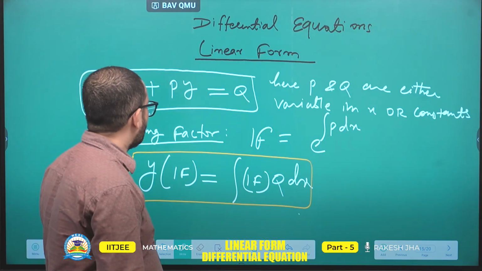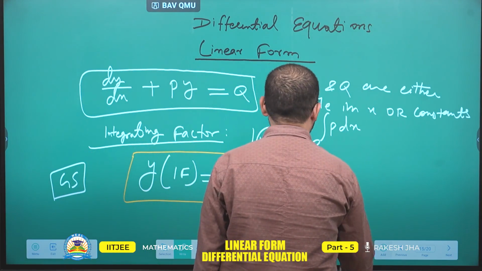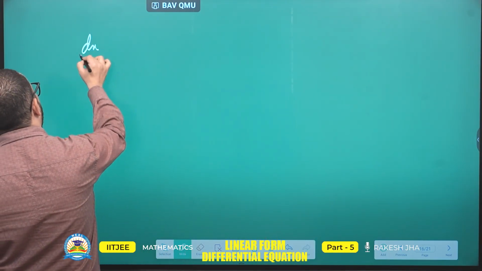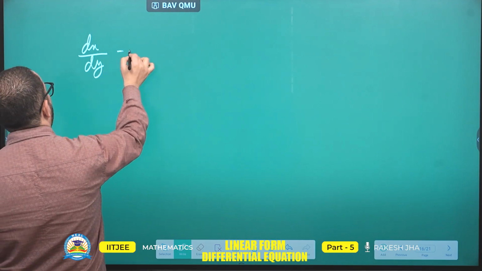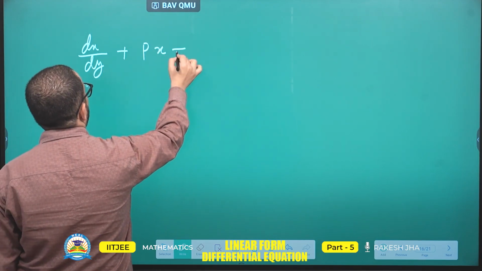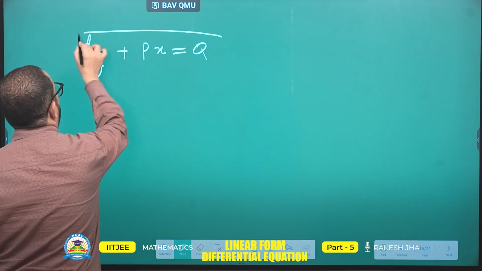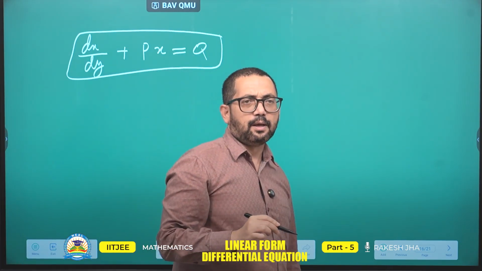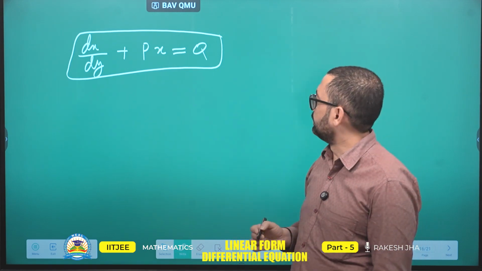Now we have the other format also. If in place of dy by dx we have dx by dy, then it would be dx by dy plus px is equal to q, and here p and q are variables in y, not in x, or they may be constants also.